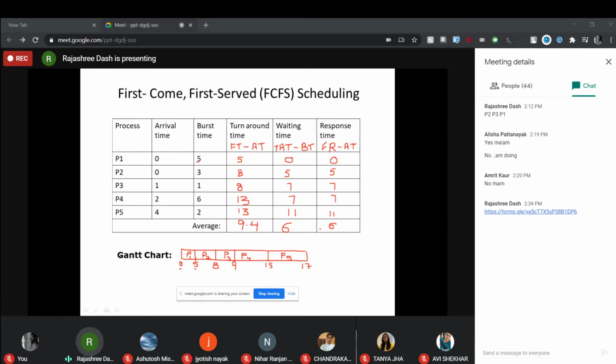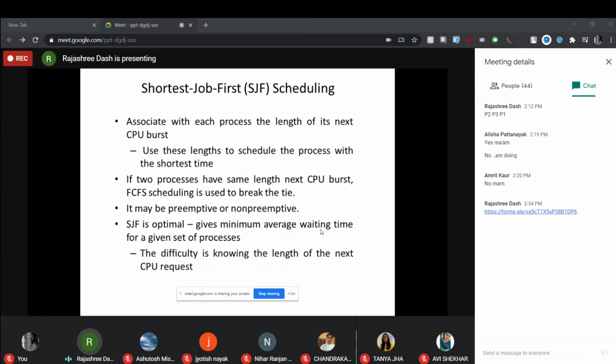Now to overcome this drawback of first come first serve scheduling, next we are going to the second type of CPU scheduling, known as shortest job first scheduling, SJF. Already I have told you, first come first serve by nature is non-preemptive. But remember, shortest job first may be preemptive or non-preemptive.